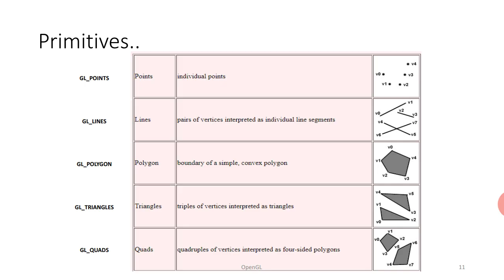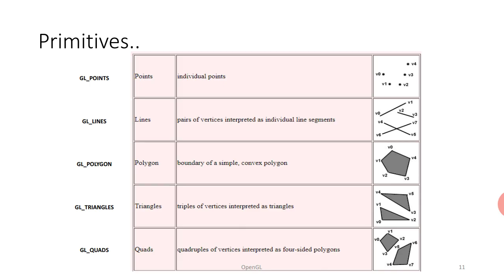For example, as shown in the diagram, different vertices, that is points, are drawn using the GL_POINTS primitive. So one GL_POINTS primitive command will draw one point. Next primitive is GL_LINES.